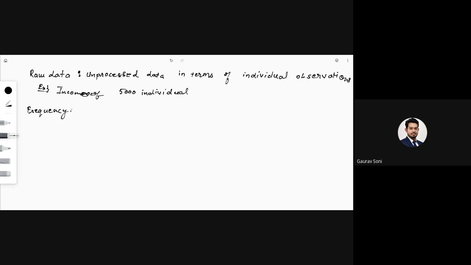So the basic definition of frequency is the number of observations in a class is called frequency.